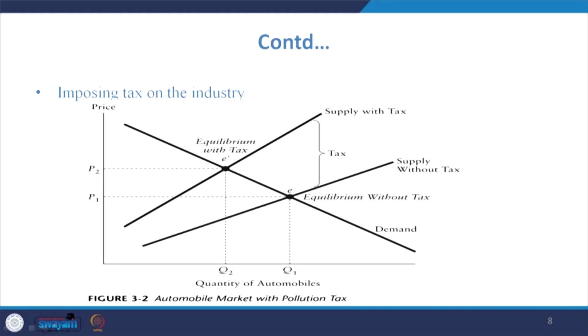So, imposition of tax on industry also shifts the supply curve, and the shifted supply curve intersects the existing demand curve at point E1, which shows a lower level of output and higher level of price, indicating that now when pollution tax is imposed, company output will be reduced, and if output is reduced, and since companies are generating the externality pollution, pollution will also reduce and welfare of the consumer will increase.